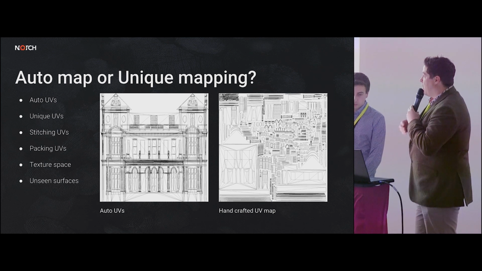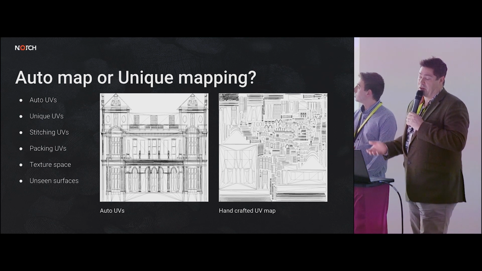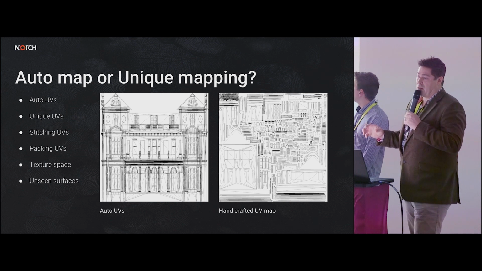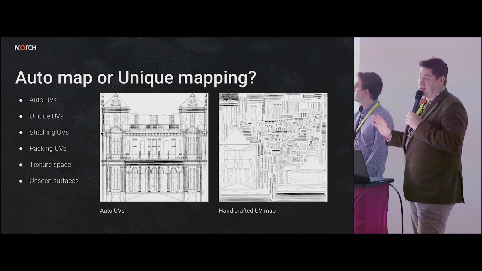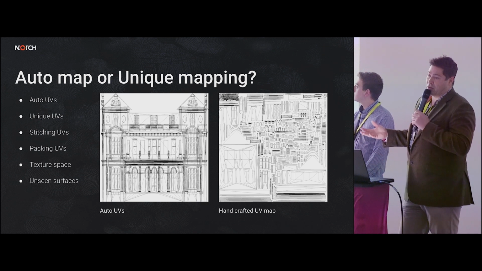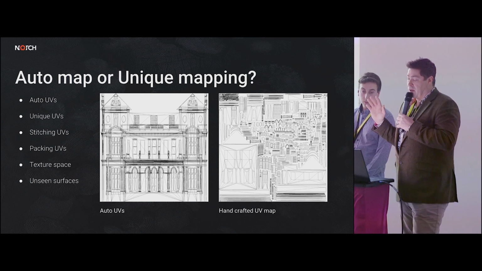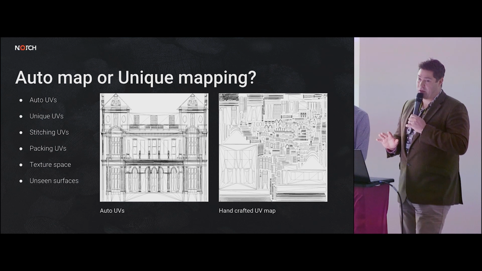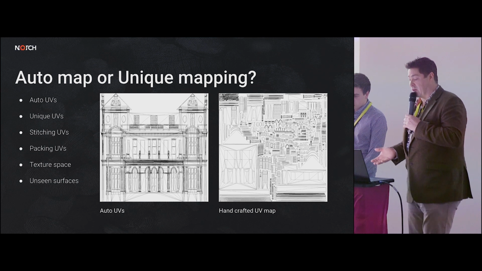So if I was UVing a model, I'd use planar mapping, I'd use a bit of box mapping, and I'd split the model up and say for the majority of it, I'd use planar mapping to produce my UVs, and then I'd do a lot of handwork stitching UVs together. Once you've done that, you'll end up with a map with lots of overlapping UVs, which as I've said, is not a very good thing to do.